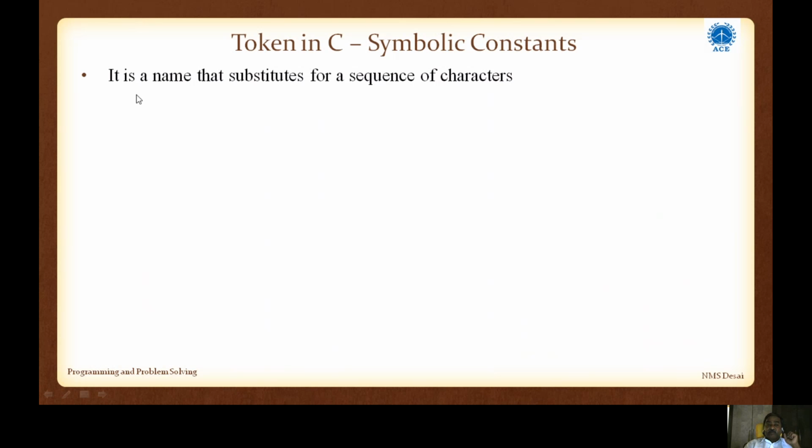Now, symbolic constants, we already discussed, we have used in one example, #define pi 3.14. It's a name that substitutes a sequence of characters. The difference between other constants and symbolic constants is that other constants can be operated with all logical, arithmetic, and relational operations.